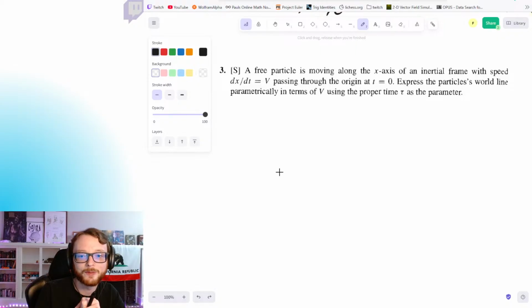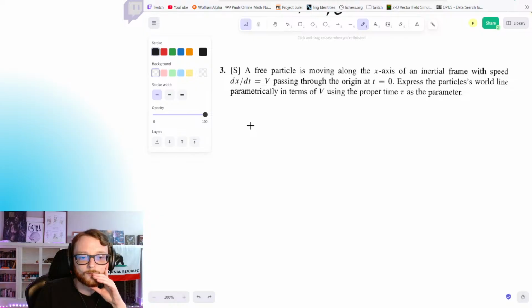Free particles move along the x-axis of an inertial frame with speed v, passing through the origin at t equals 0. Express the particle's world line parametrically in terms of v using proper time tau as a parameter. Hmm.